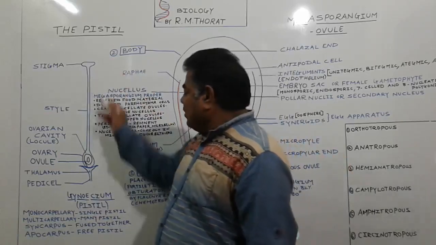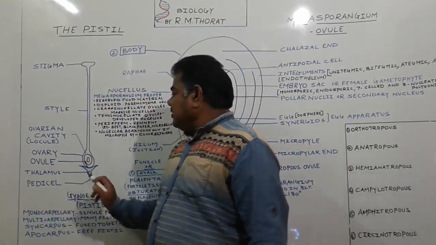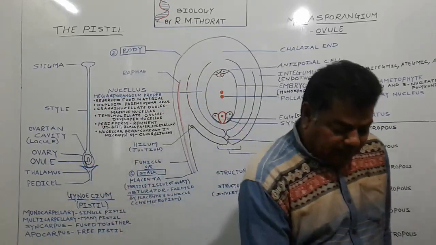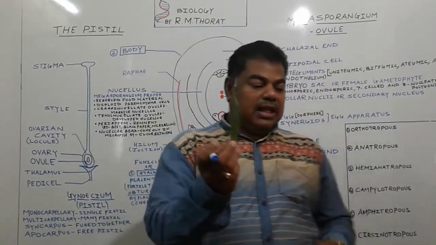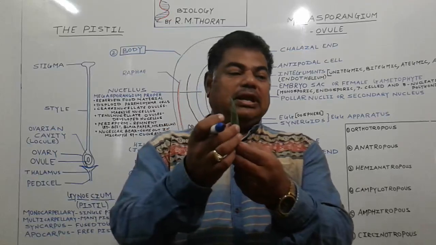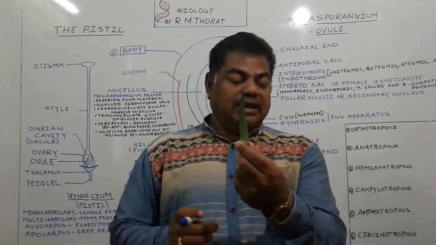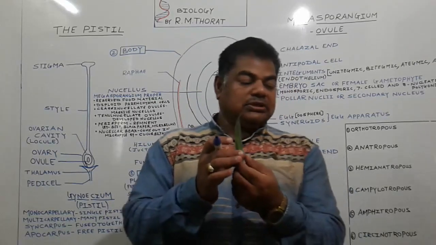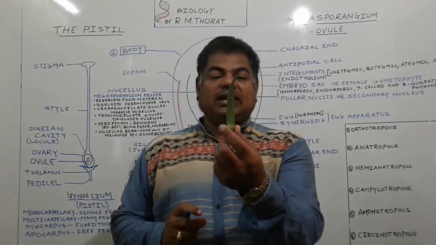Now see here, the gynoecium consists of stigma, style and ovary, in which this structure we call the ovule is present. This one is bhendi, and the botanical name of this lady finger or bhendi is Abelmoschus esculentus.